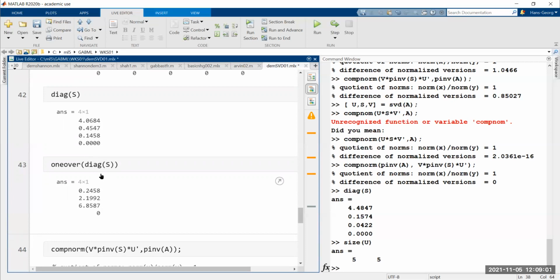Now, in practice, there might be a value 10 to the -5 or 12. And depending on the application and the precision of your data, you might say, well, it's so small, it's probably just a numerical error and should be a 0 and should be ignored, or I have such a precise matrix description that I would like to keep this information. So that's then the value PINV with the threshold.